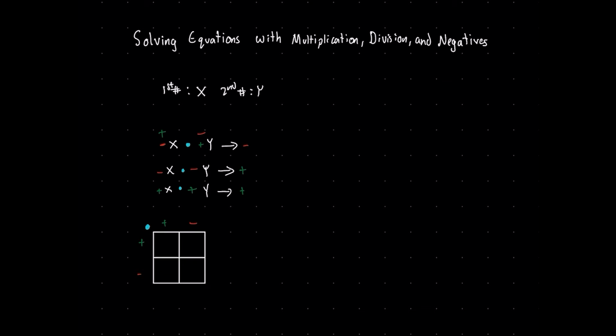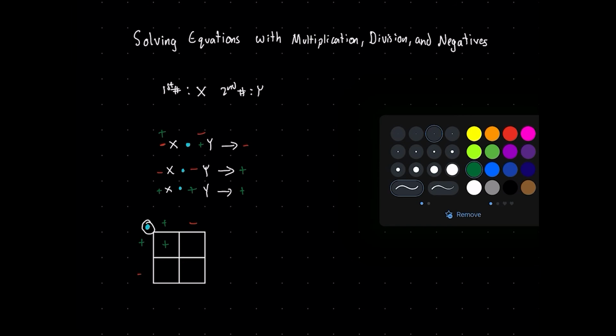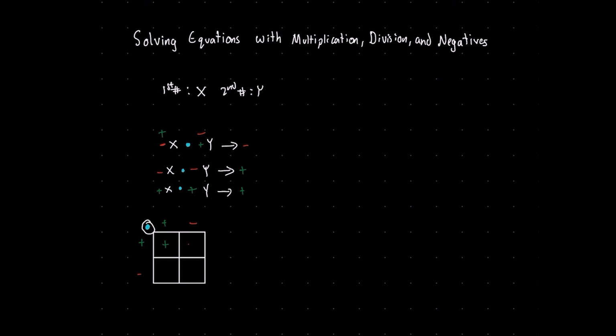And this is something always to remember. So for multiplication, when you have two positive numbers, the answer will be positive. When you have a positive number and a negative number, the answer will always be negative. And when you have two negative numbers, the answer will always be positive.